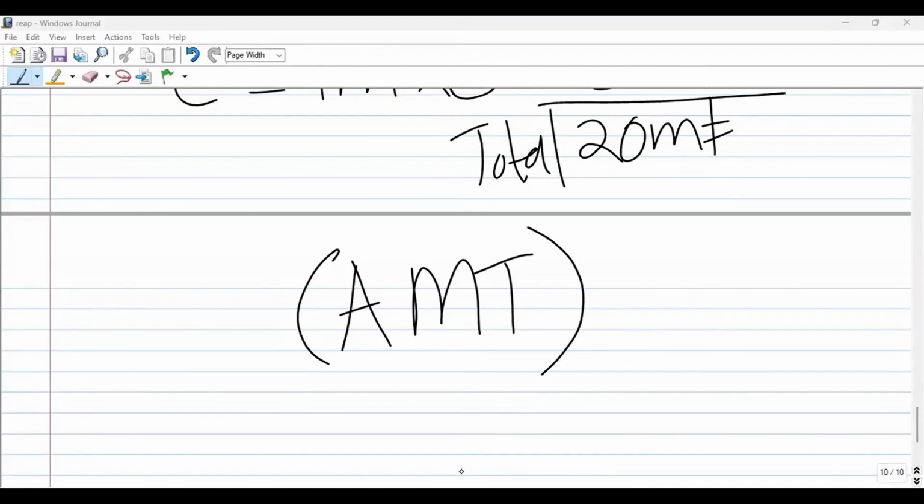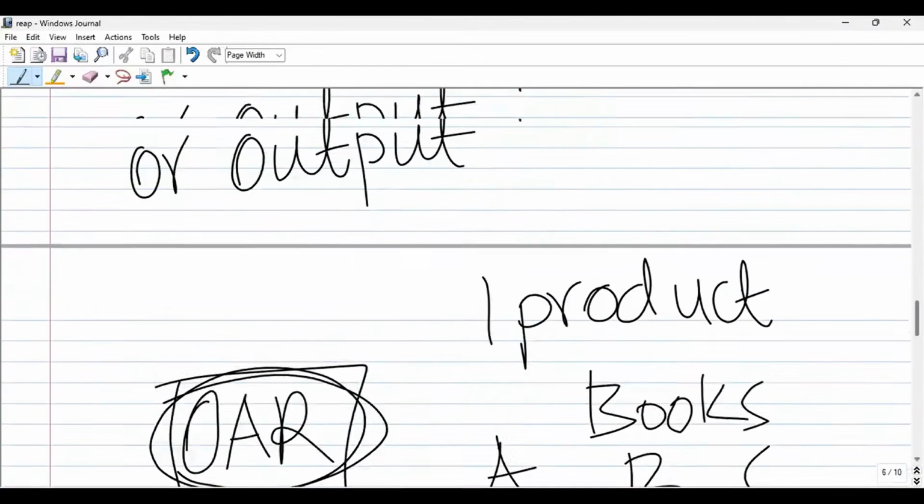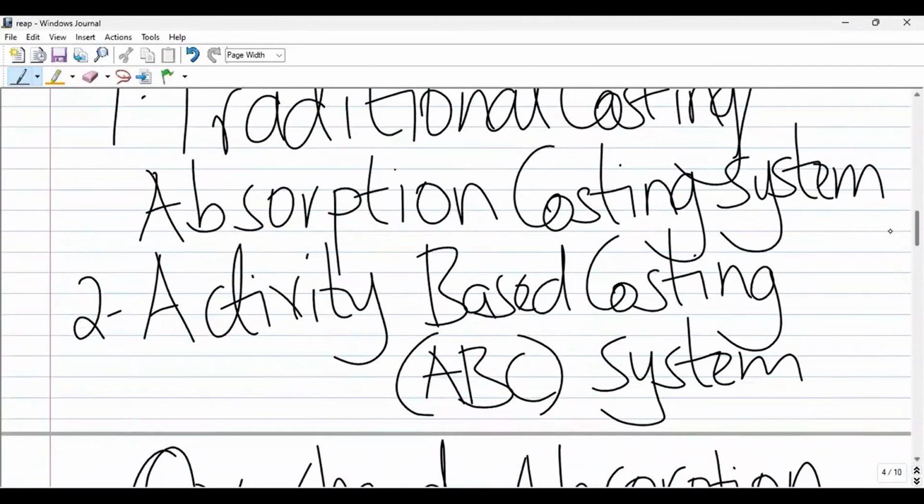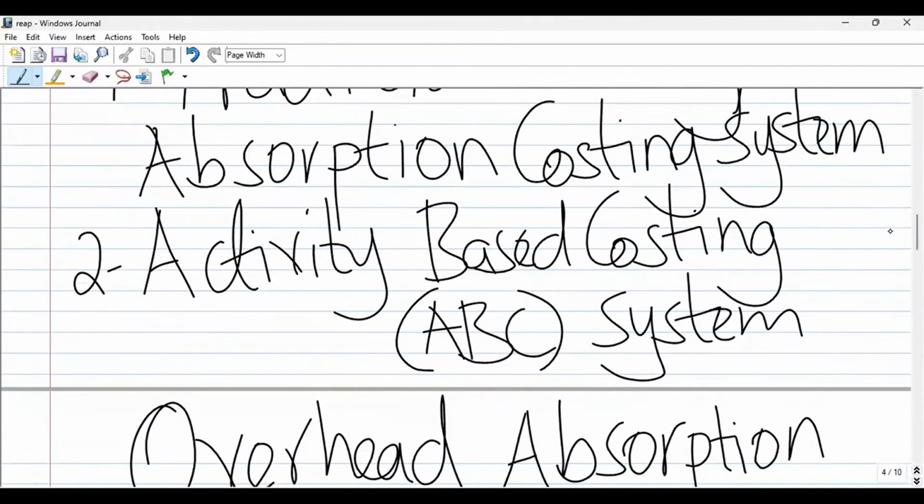This led to the introduction of the activity-based costing system (ABC).